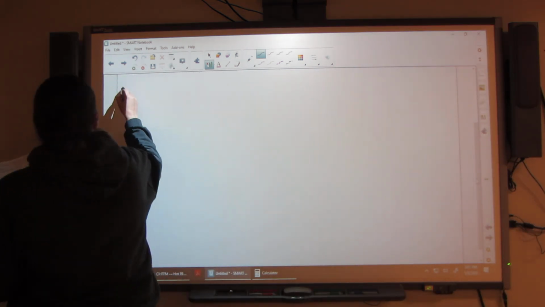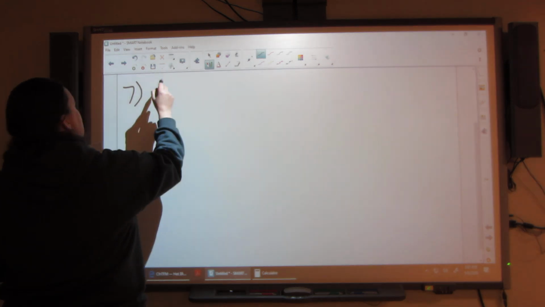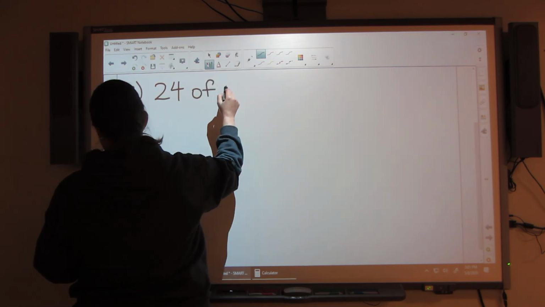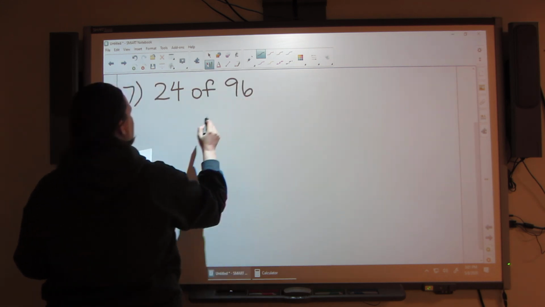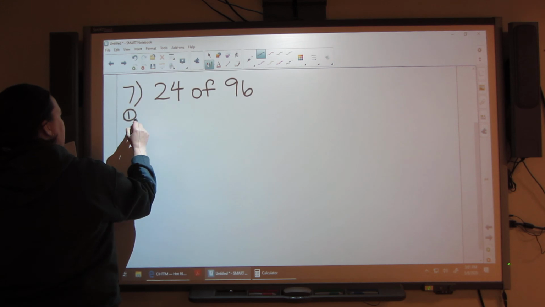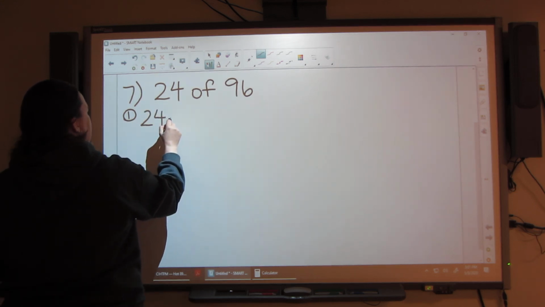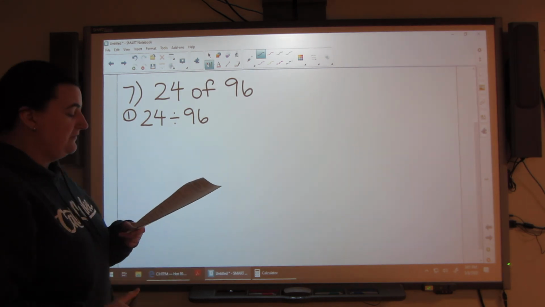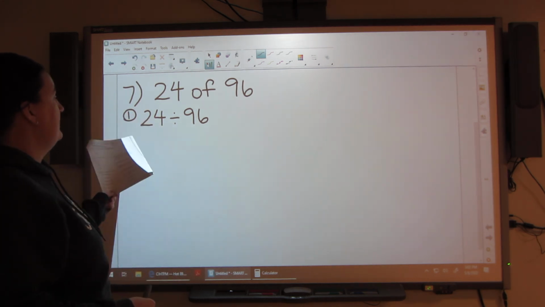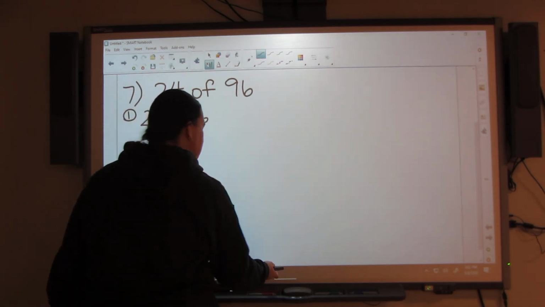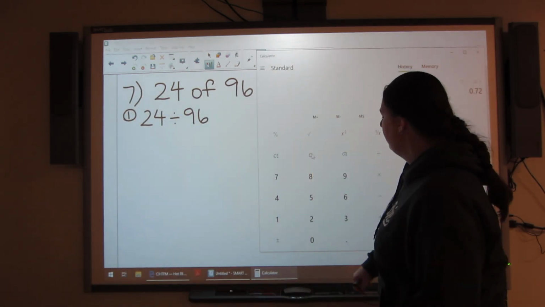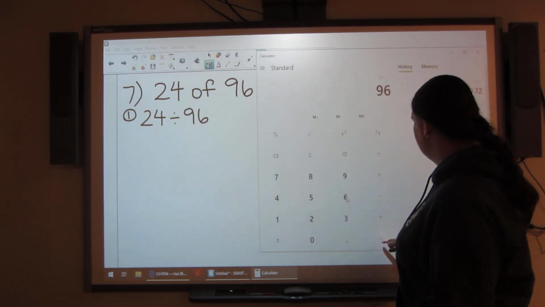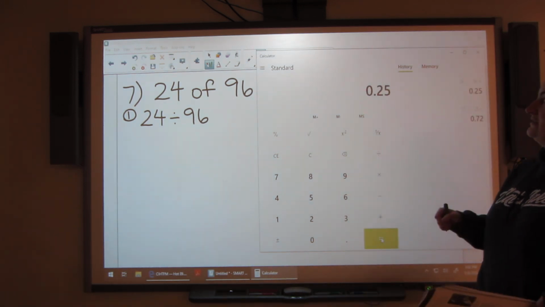Number 7 is 24 of 96. So remember your steps. 24 divided by 96. Because 24 is what percent of 96? So 24 divided by 96. Go back to your calculator. 24 divided by 96 is 0.25.